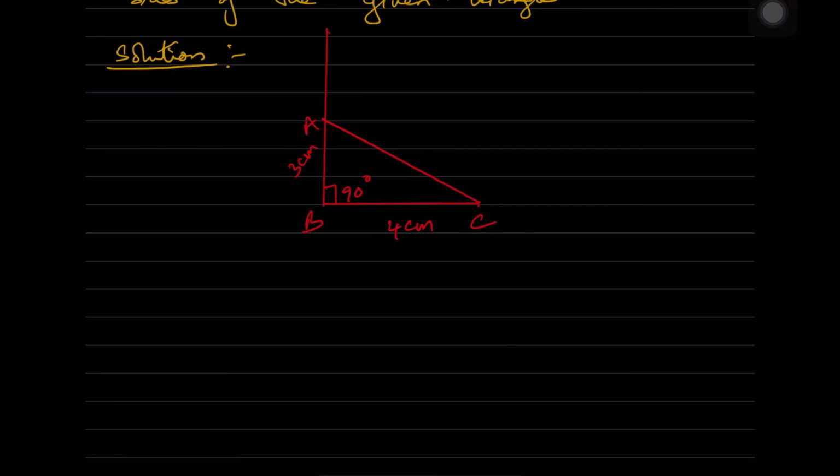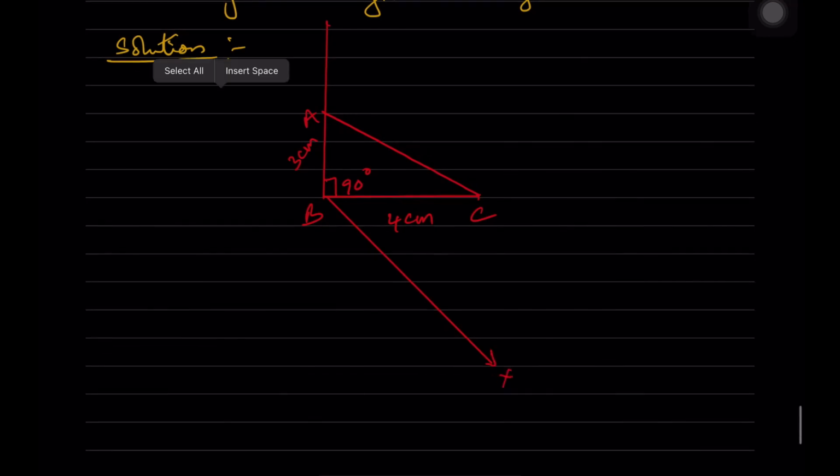Now from B, we draw an acute angle. Now this is 5 by 3 times the original triangle. So therefore here you draw BX. CBX makes an acute angle, on the BX ray. We make how many points? 5 points. Which is the biggest number, 3 or 5? So 5 is the biggest number.